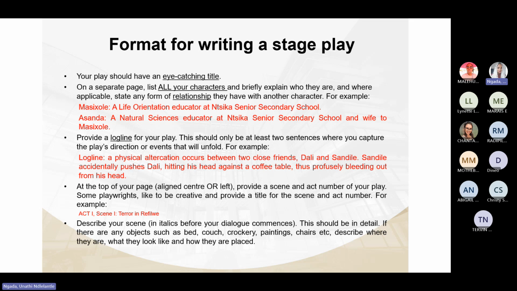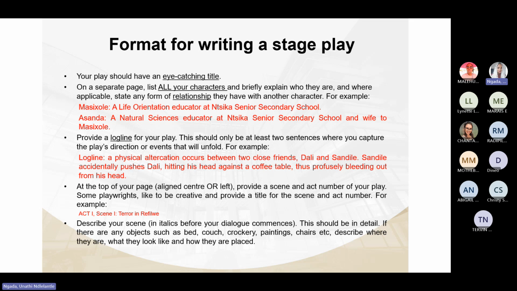When you describe the scene of your play, remember to write all of this information in italics. Describing the scene of your play is normally written just before the dialogue commences between your characters. This should be written in italics. I cannot stress this enough because in the past, students have omitted this vital piece of information. Describe your scene in italics, and this should be written in as much detail as you can.